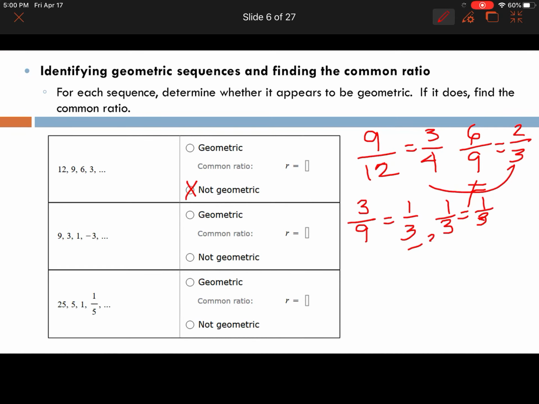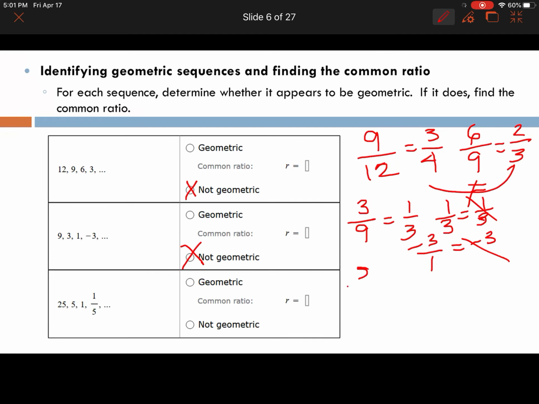Let's try the last one. -3 divided by 1. Oh, yeah, that's not the same at all, right? So this is just -3. They're not the same, so this is not geometric. So just because the first 2 work doesn't mean that the whole thing will work.